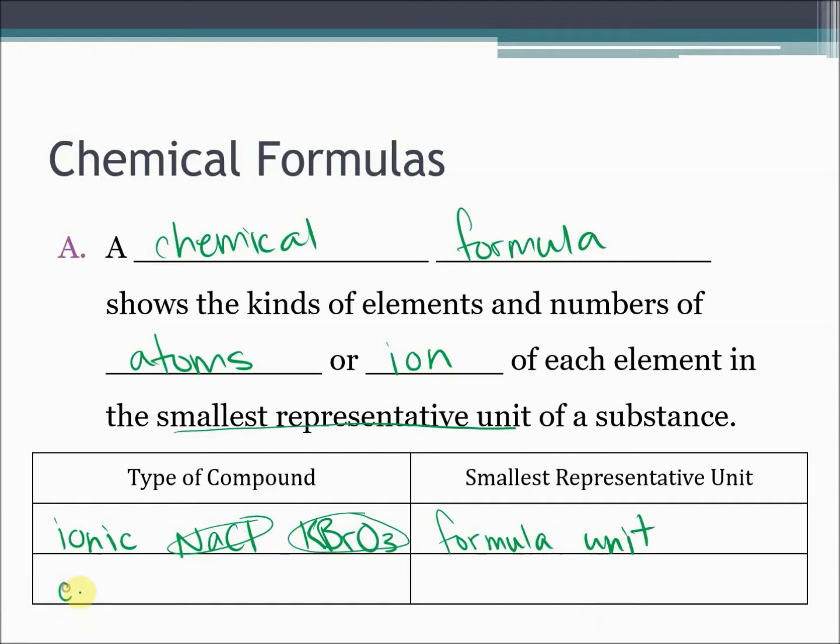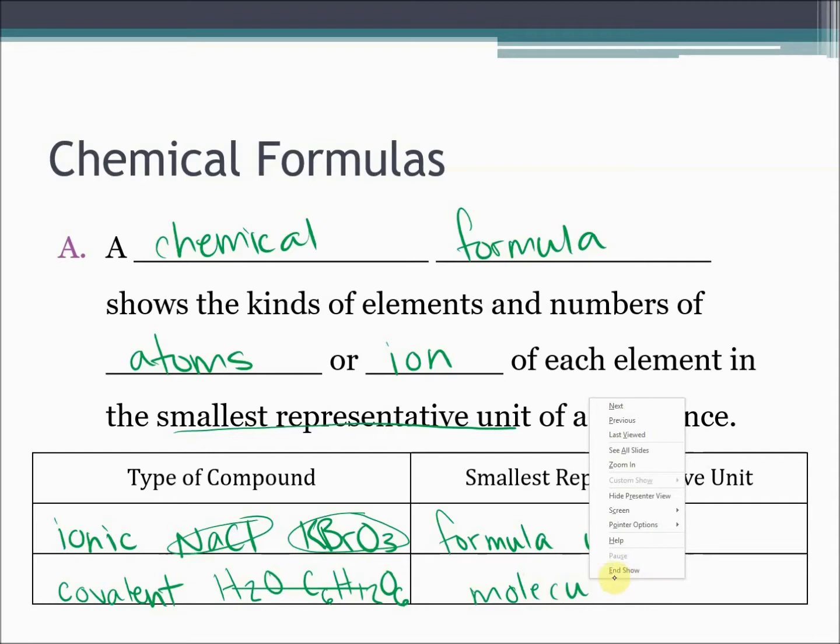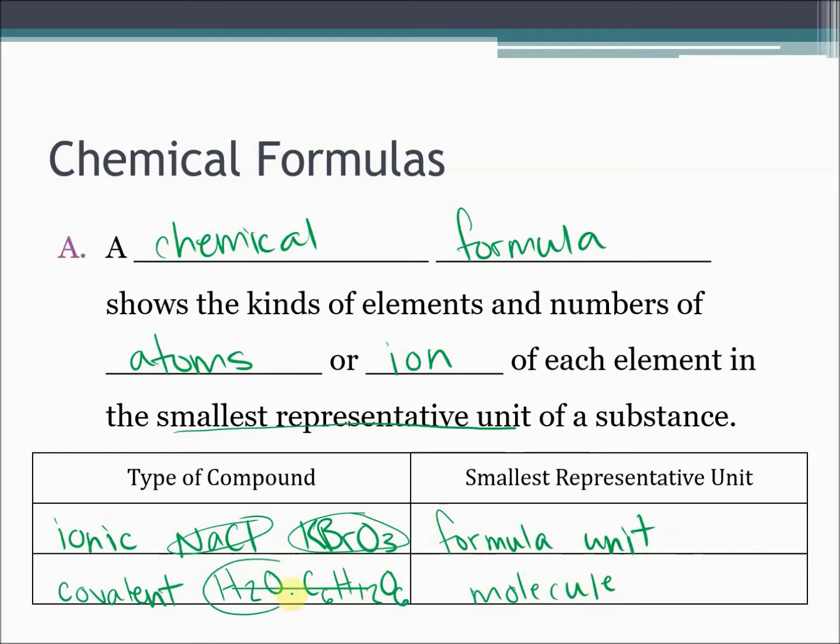If you're talking about a covalent compound, something like water or glucose, something made entirely of nonmetals and no charges, those are called molecules. So if you're talking about two hydrogens and one oxygen, that is one water molecule. If you're talking about 6 carbons and 12 hydrogens and 6 oxygens, that is one glucose molecule.